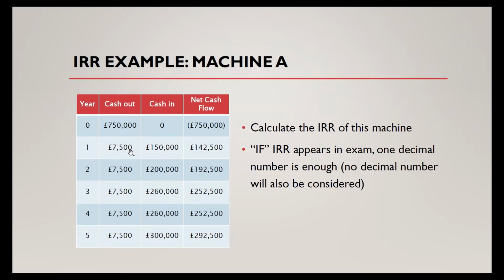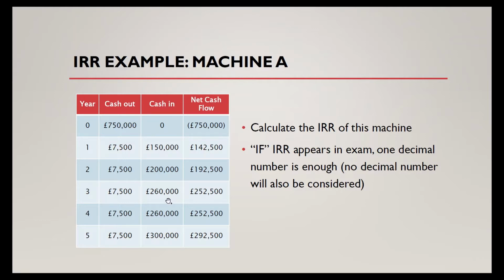The net cash flow can be obtained by subtracting the expenses, or the cash outflow, from the revenue, or cash inflow. Therefore, in year 1, it will leave us $142.5 thousand. Year 2, it will be $200,000 minus $7,500, which leaves us $192.5 thousand.